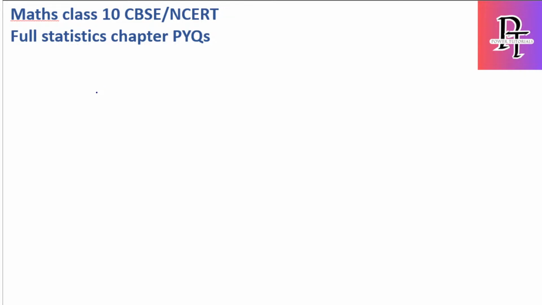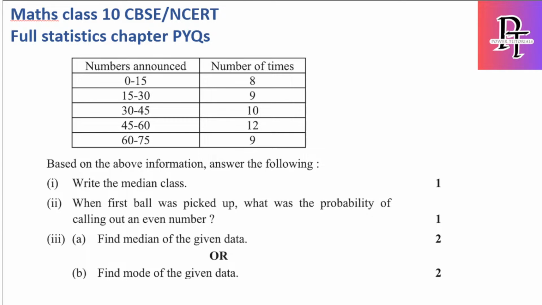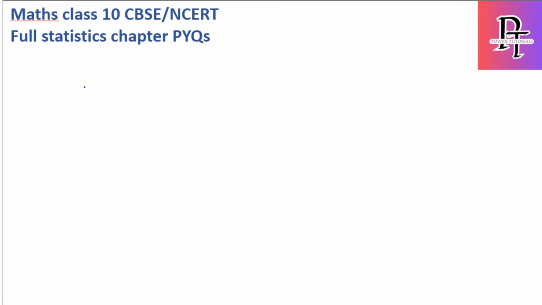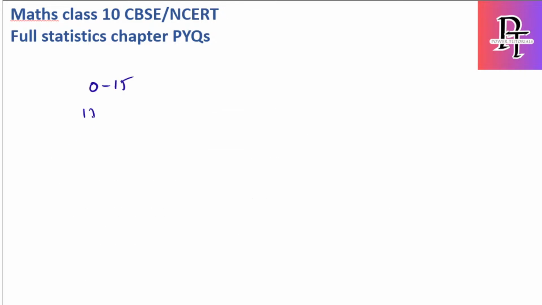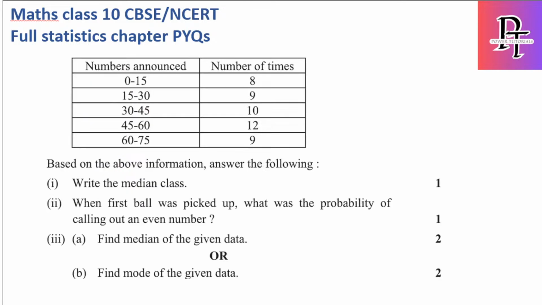For median, just write the table first, like this: 0 to 15, 15 to 30, 30 to 45, 45 to 60, 60 to 75. That's it, only 5 values are present.